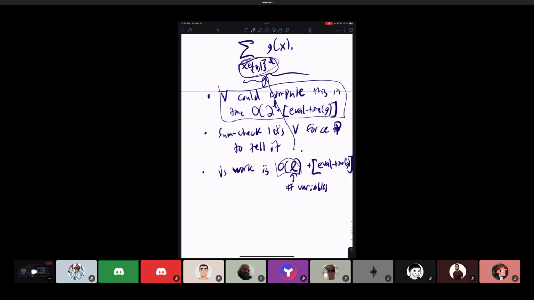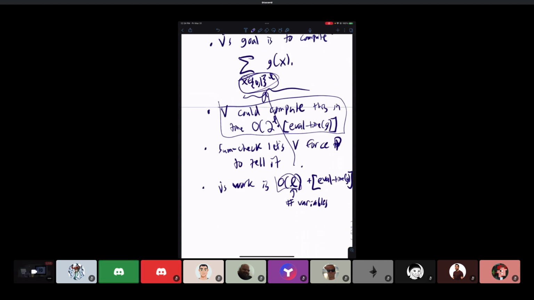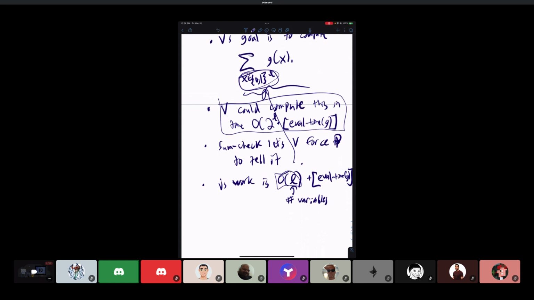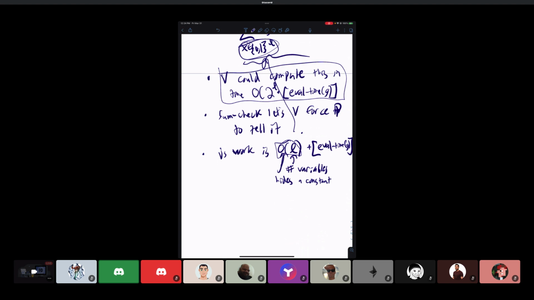In which case the verifier's work really is order L. In general, this is hiding a constant that depends on the degree of G in each variable. So if G had very large degree in each variable, then this order L is a lie, because the big O notation is hiding it. It's really order D times L, where D is the degree of G in each variable.